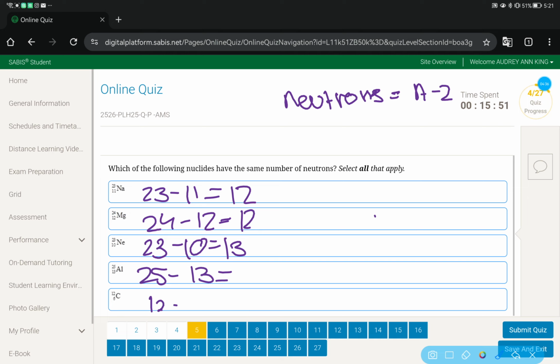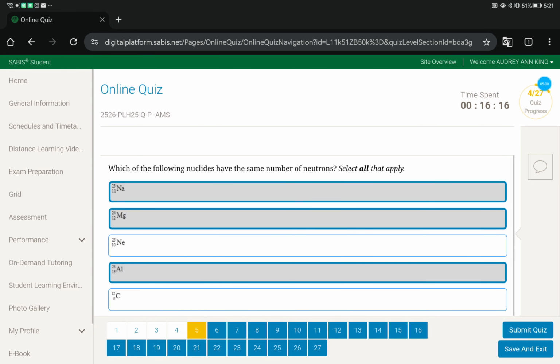Okay, anyways, 25 minus 13, you get 12 as well. And then 12 minus 6, you get 6. So these three options have the same number of neutrons, so these three are correct.